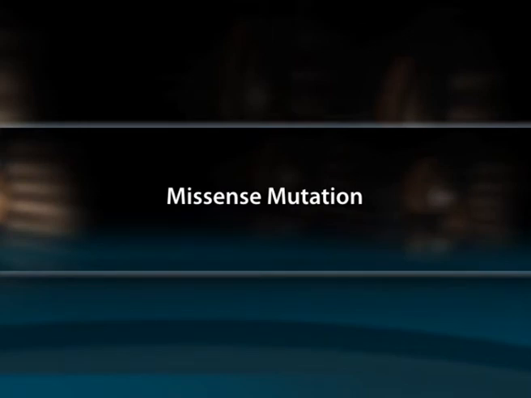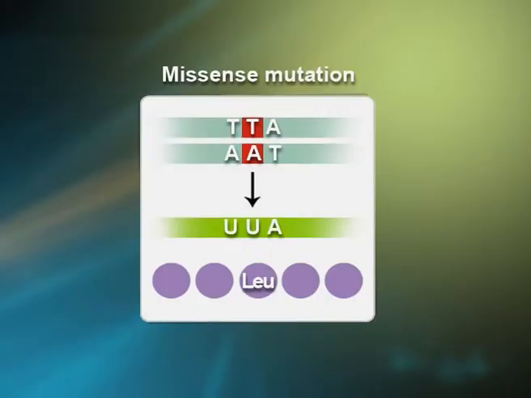Missense mutation. In missense mutation, the codon for one amino acid is replaced by a codon for another amino acid, resulting in a new nucleotide that alters the codon so as to produce an altered amino acid in the protein product, which is seen in the disease sickle cell.